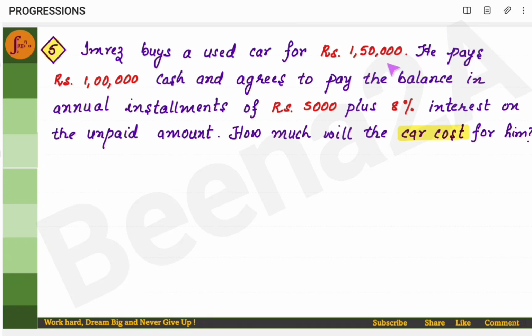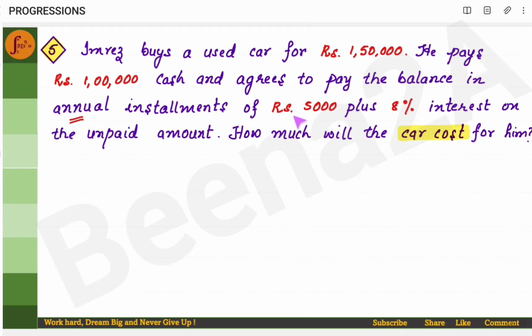That is, when he buys the car, he pays 1 lakh in advance, right? And the remaining 50,000, there is still balance of 50,000, that he pays in installments. So that means annual installments. So every year, annual means yearly, he'll pay installments of rupees 5,000.